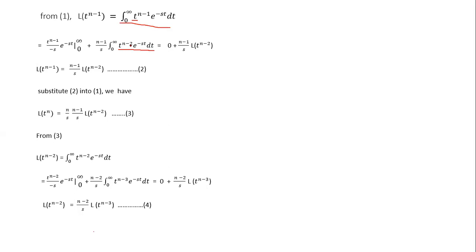You know how we can do that? We did that one to the first one. So we have Laplace of t power n minus 2, and that will give us this.